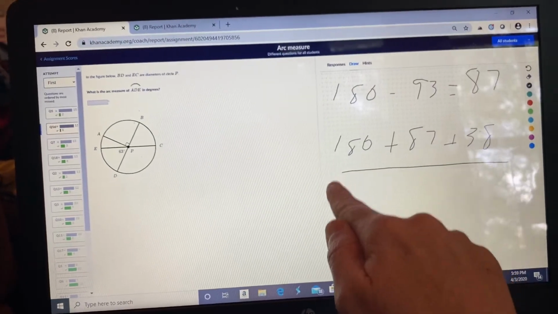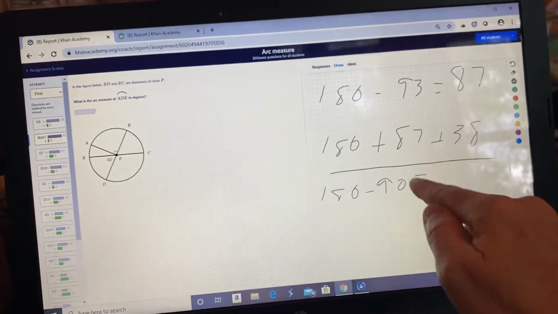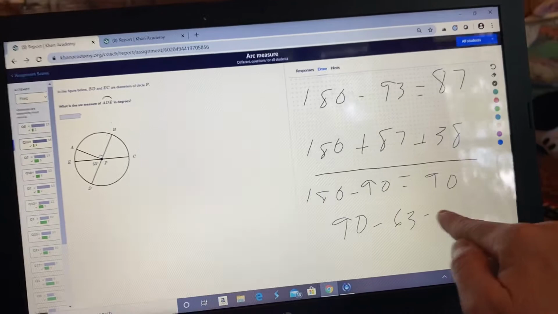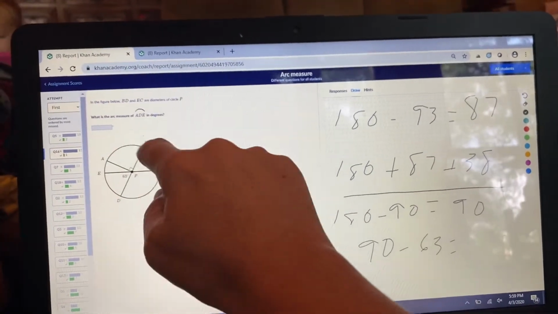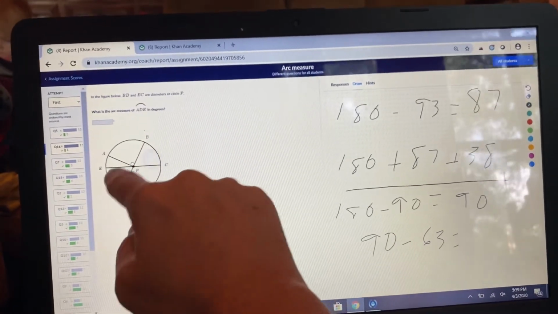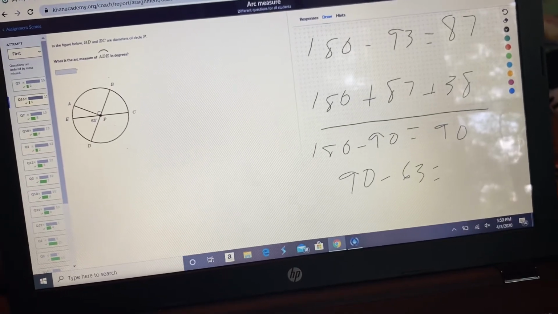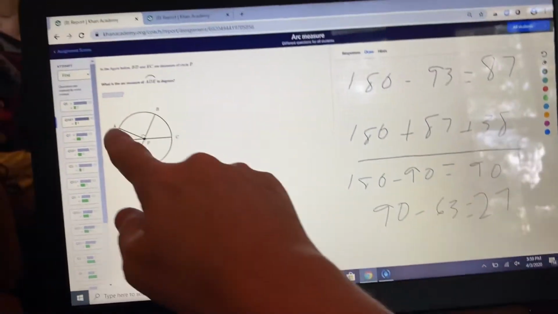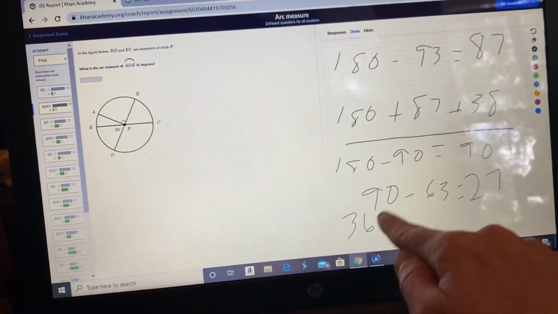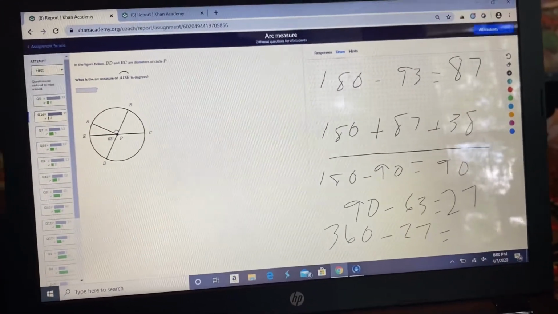So if I do 180 minus 90, which hopefully you know is an automatic 90. So 90 minus 63, 90 right here, minus 63. So these two are 90, minus the 63 from vertical angles here. That's going to leave me with 27 degrees for this. So if I want to find A to D to E, I'm going to say 360 minus 27, and that would give me my solution.